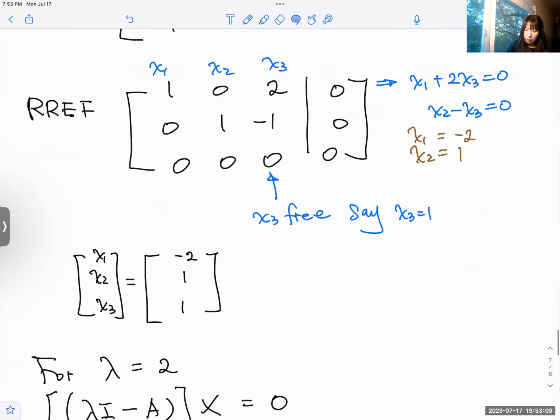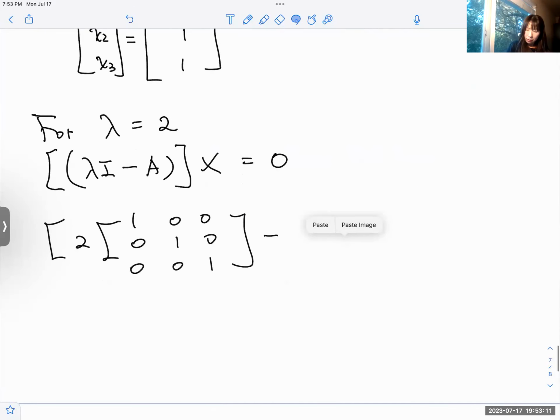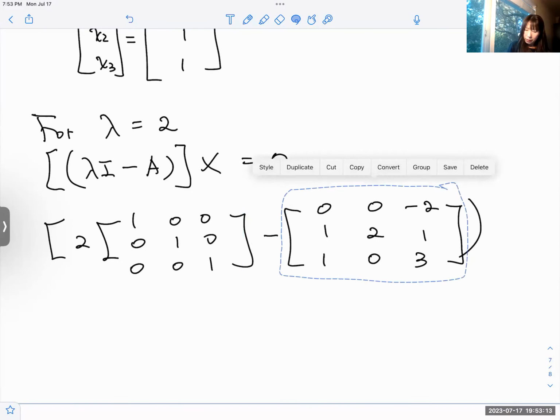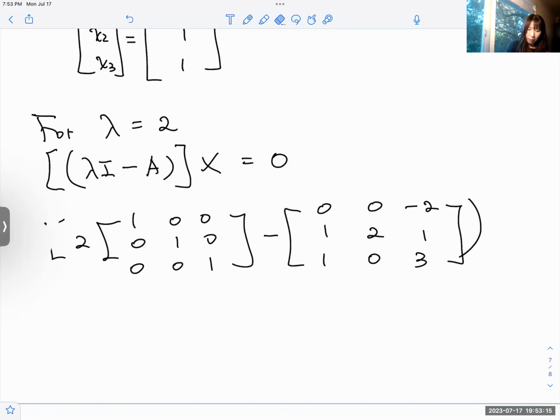Copy. So we have x of 1, x of 2, x of 3 equal to 0, 0, 0.